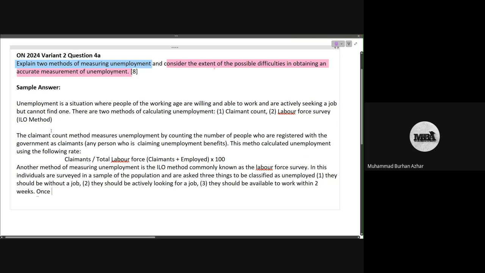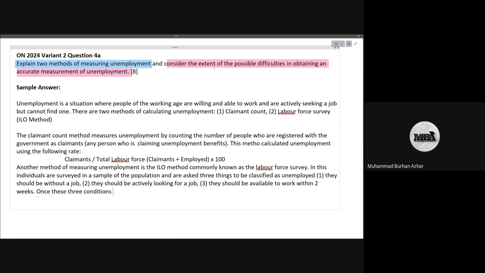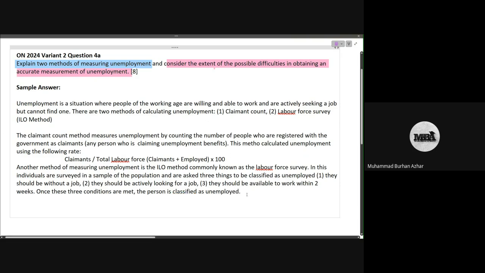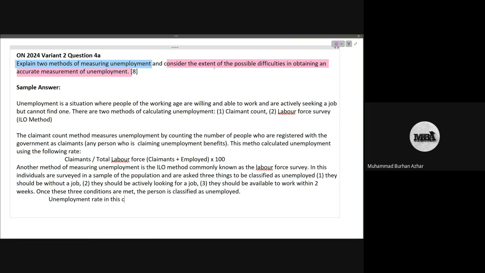Once these three conditions are met, the person is classified as unemployed. In this case, the unemployment rate is equal to the number of respondents classified as unemployed divided by total respondents, and we multiply that by 100.